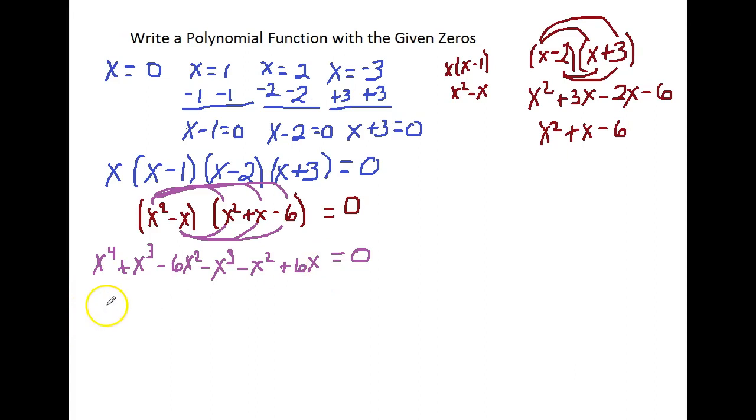So I only have 1x to the 4th, so it comes down. It's part of my answer. Then I have plus x to the 3rd minus x to the 3rd. Well, they just cancel out. So that's pretty cool. And I have minus 6x squared minus 1x squared gives me minus 7x squared.